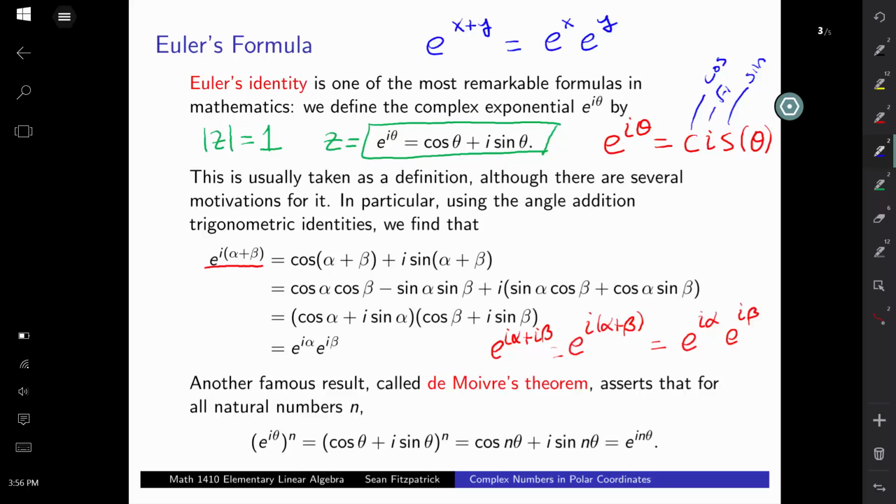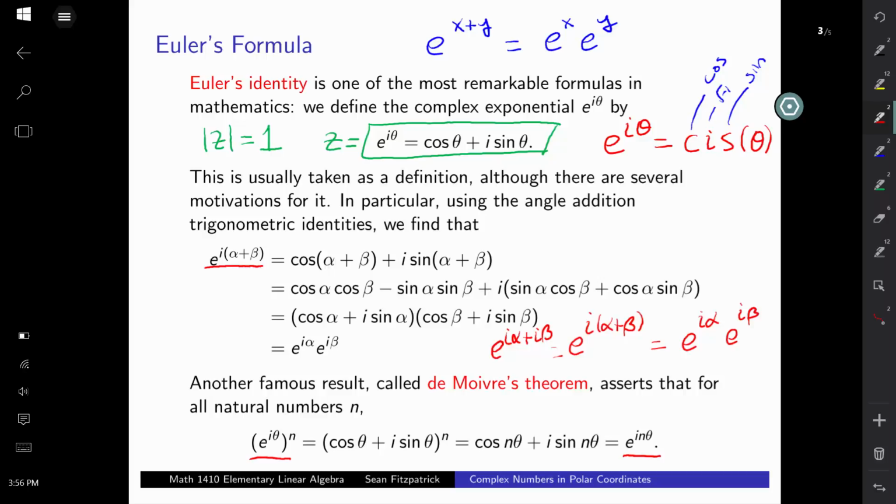Another result, and it's one that we don't have the ability to prove in this course, well, at least the rigorous method of proof uses a technique called mathematical induction that you would encounter in a course like Math 2000, says that if I take e to the i theta and I want to raise it to a power, that's the same thing as just multiplying theta by that power. So e to the i theta raised to the power of n is equal to e to the i n theta.